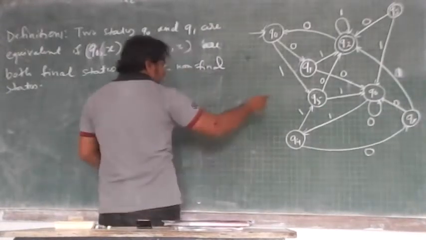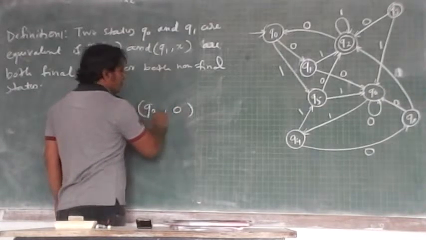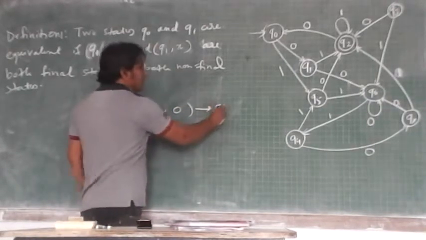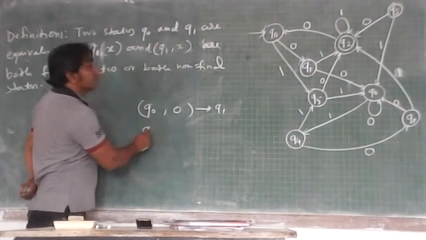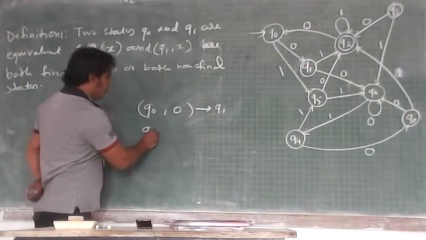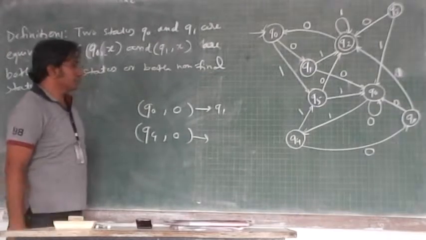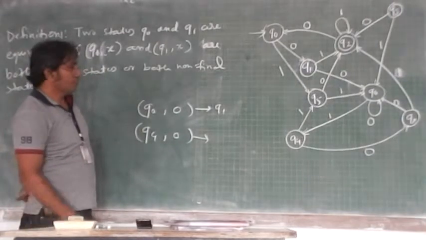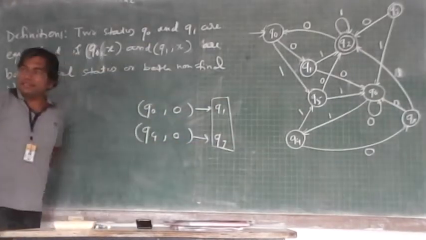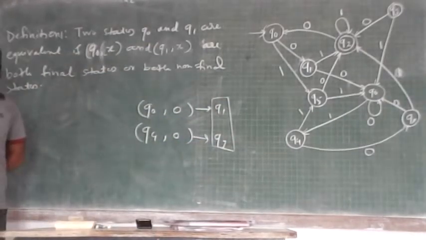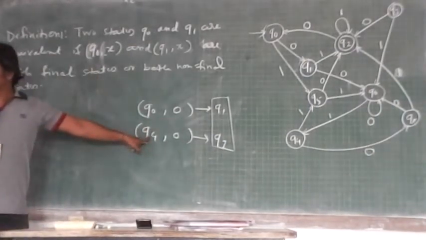For example, take state Q0 on 0. What state does it come to? Q1, and something. Take Q4 on 0, where does it go? Q7. These are final or non-final states? Non-final. In that case Q0 and Q4 are equivalent states.